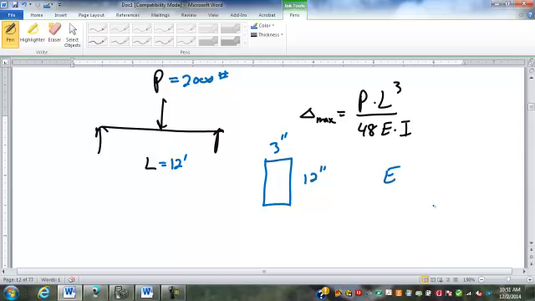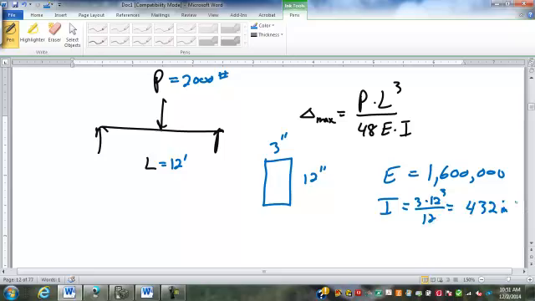Yeah, it looks like we can stick with 1.7 or 1.6 for elastic modulus. We'll go E of 1.6 million. So we define our moment of inertia, which will be 3 times 12 to the third over 12, which is 432 inches to the fourth.